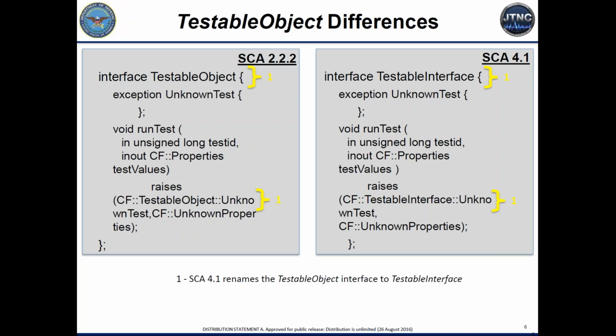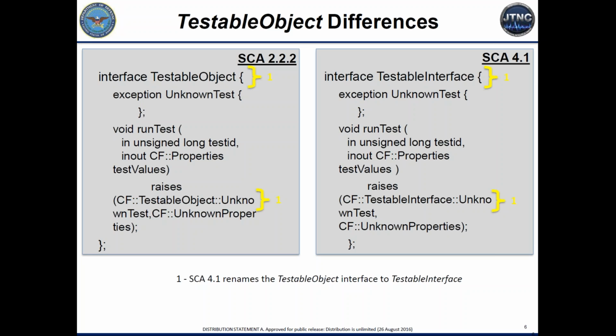Another thing to mention, with people being seasoned designers or developers, which is probably self-evident, is that you look at just the example that's up on the screen right now, the differences between the 222 testable object and the 4.1 testable interface.